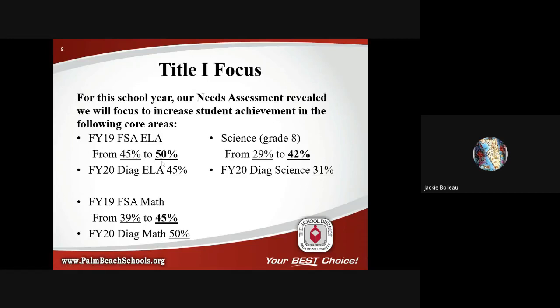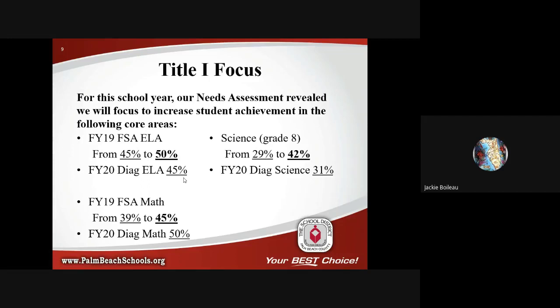So then last year happened, and we took the diagnostic in January, and our ELA data came back at 45%. So basically, you can see we stayed the same. We didn't really show any growth.